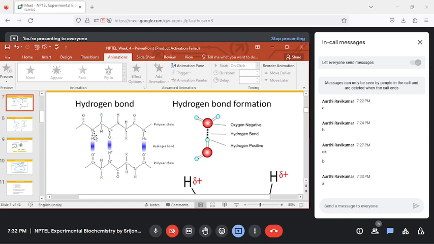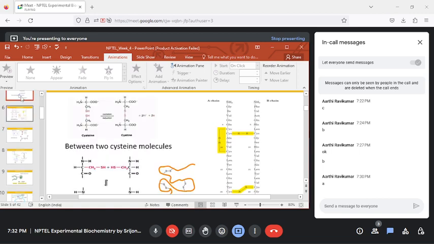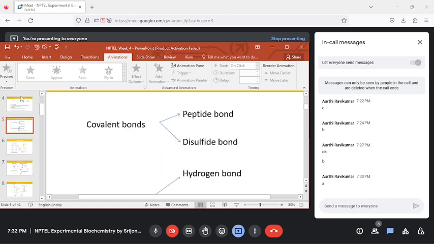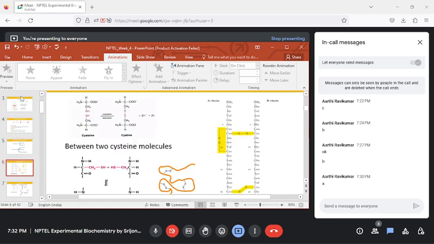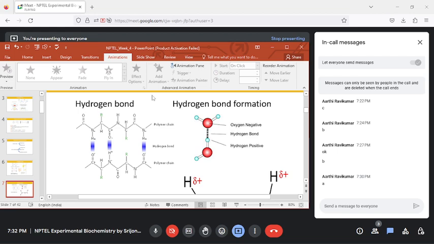Okay, so we have a structure over here. I can use this structure to explain to you. I don't have any other structure. So this is a good structure to explain.